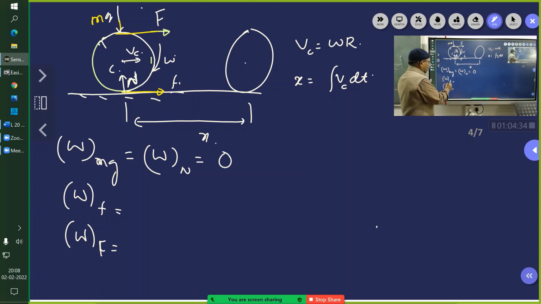What is the work done by this capital F and what is the work done by this small f? Capital F, 2Fx. Small f, 0, sir.